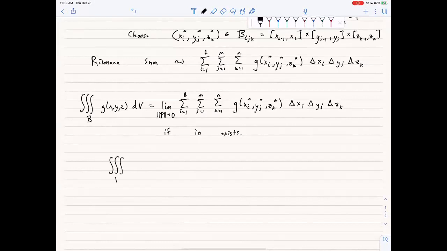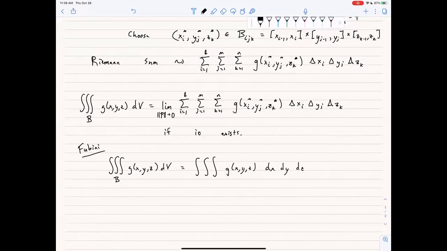And so if we want to calculate this abstractly defined thing, this is Fubini: we can indeed take this as an iterated integral of G. And if I wrote dx, dy, dz, then I would have to first integrate from A to B, then C to D, and then E to F.